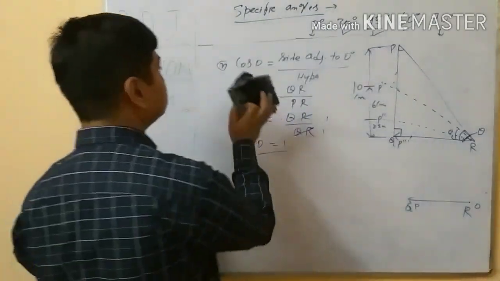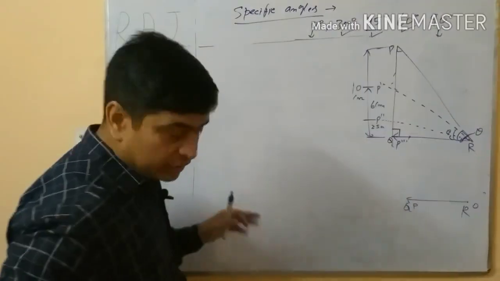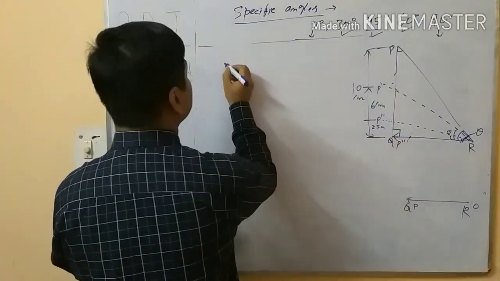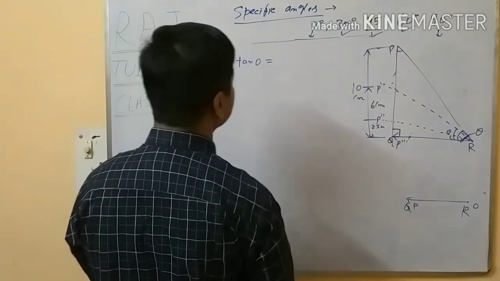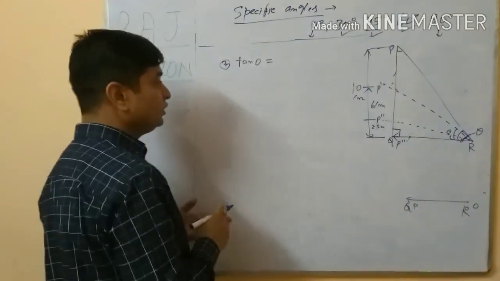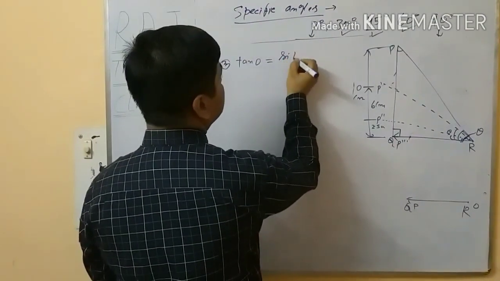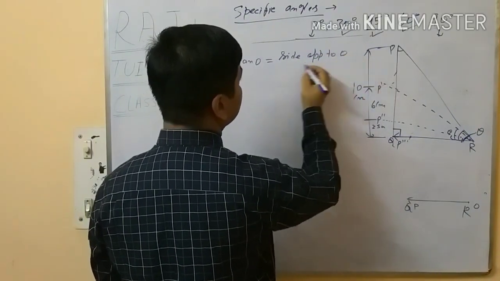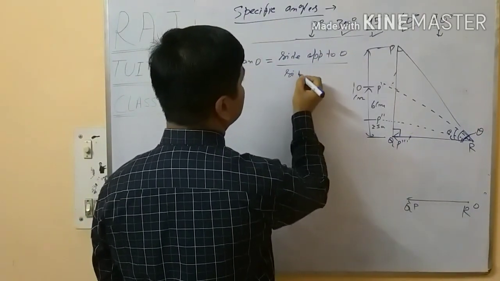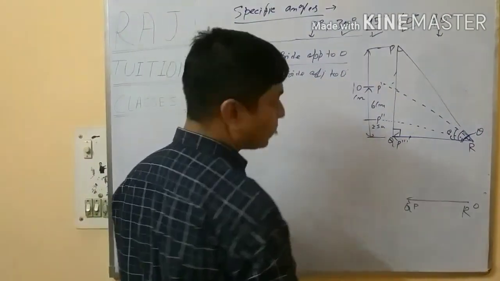Now to find out the value of tan, the next function is tan 0 degree. The third one is tan 0 degree. Apply the formula and find it out. Okay, you can do it on your own. What is the formula? Side opposite to 0 degree divided by side adjacent to 0 degree.